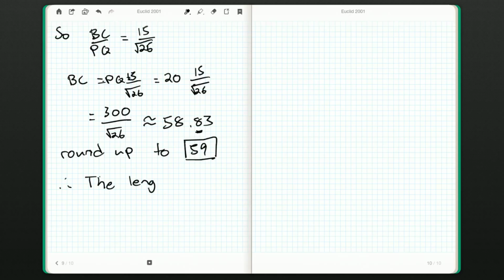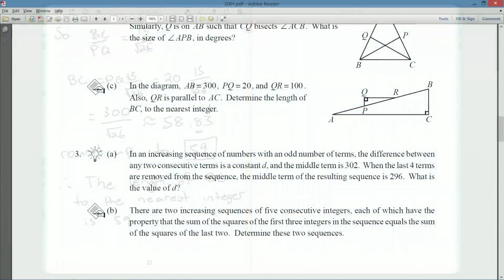Our final statement could be: the length of BC to the nearest integer is 59. A nice little therefore statement is also good. Anyway, anything you can do to really distinguish your answer and make it much easier on the markers is an excellent thing to do. So I think that's all we were asked for.